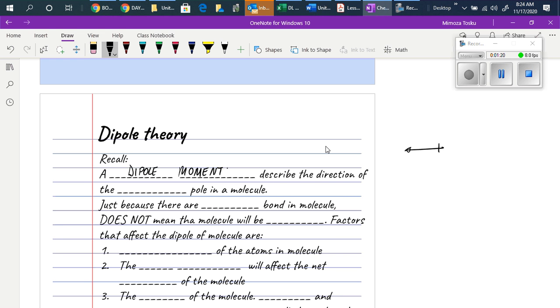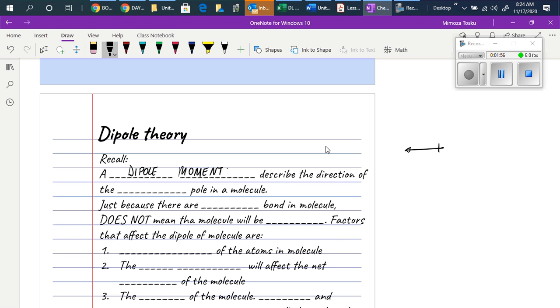Because what we said in terms of electronegativity is that some atoms have a higher electronegativity in comparison to the other atom, and when they are combined together, the electrons have the tendency to stay more on the atom that has higher electronegativity, and this is creating a slightly positive and negative polarity between the atoms.